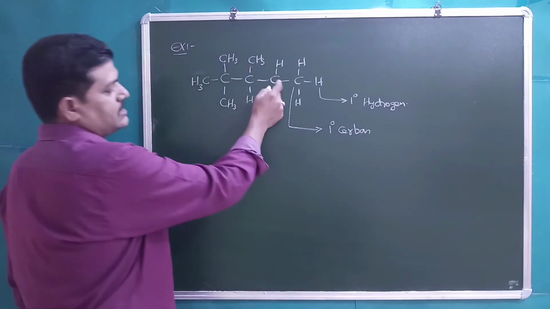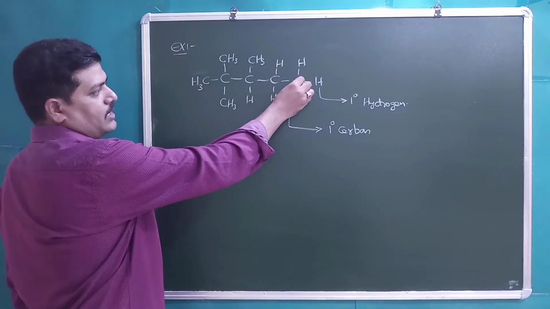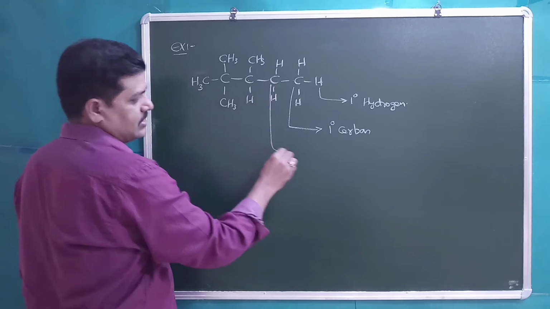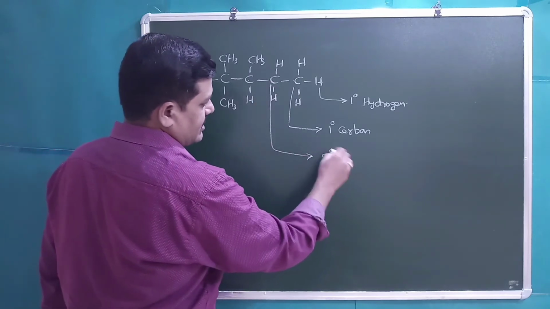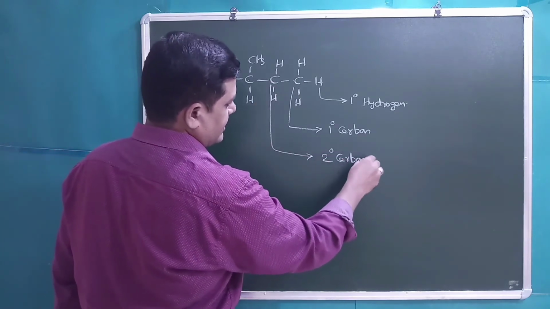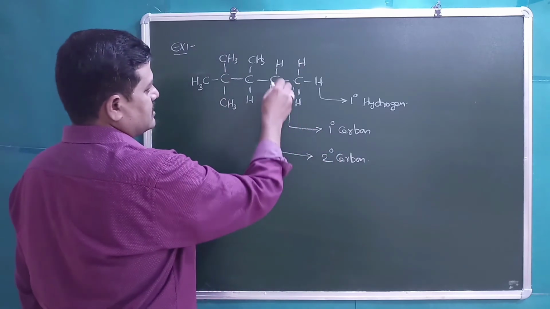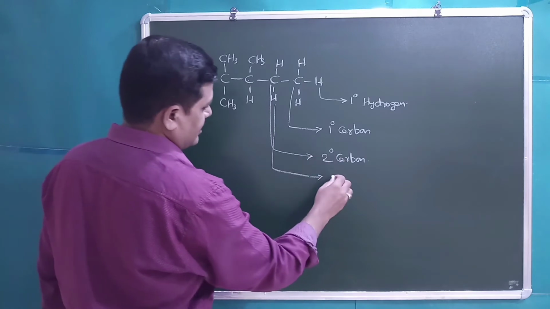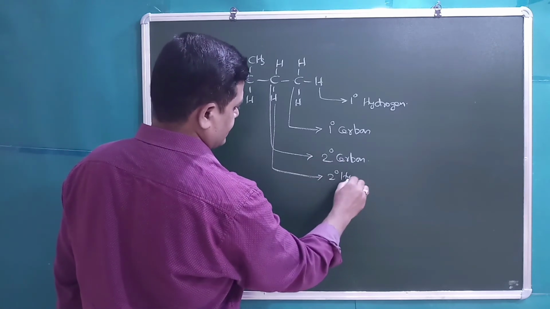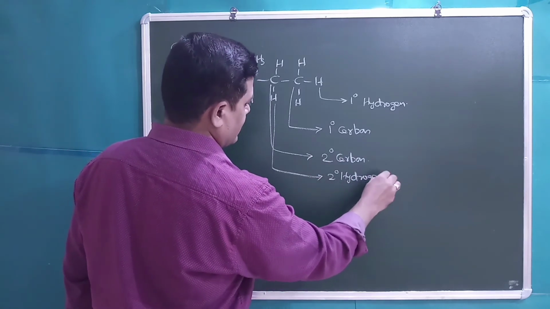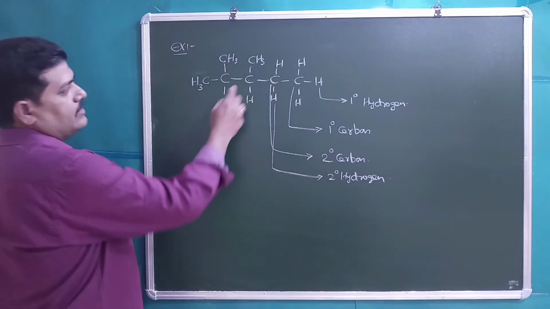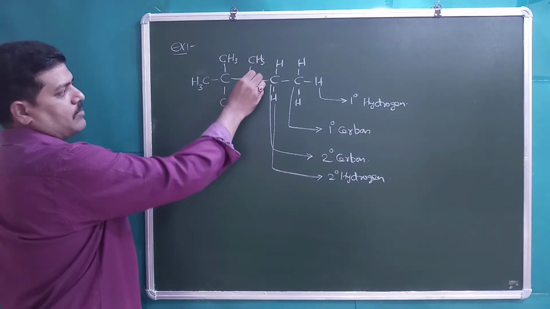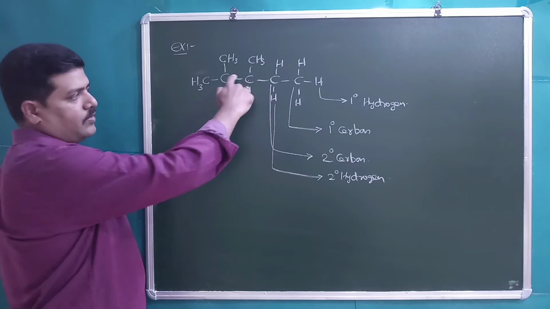Students, this carbon is attached with 2 other carbons, so this is secondary carbon. And the hydrogens attached with the secondary carbon, we can call secondary hydrogen. Then this carbon valency is always satisfied with 4 bonds.